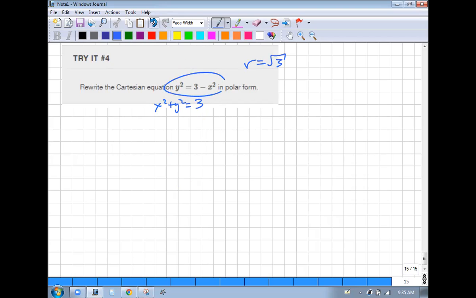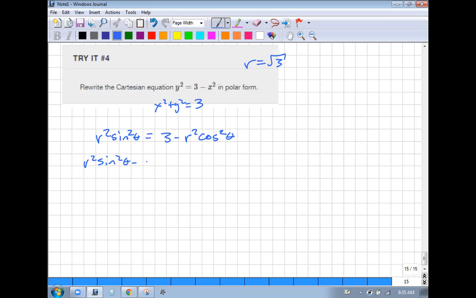If we just mindlessly plugged in stuff, we would say, okay, y squared is r squared sine squared theta, and x squared is r squared cosine squared theta.